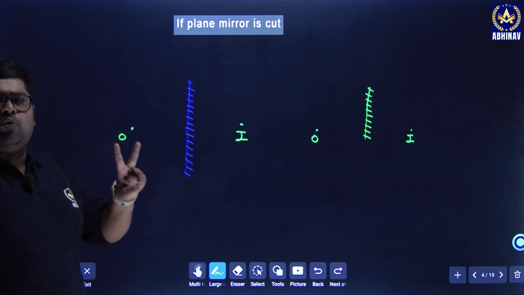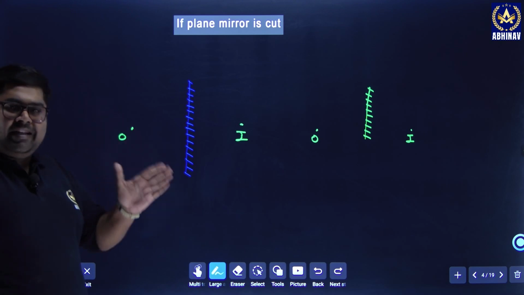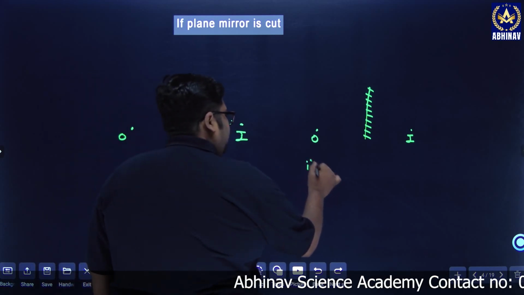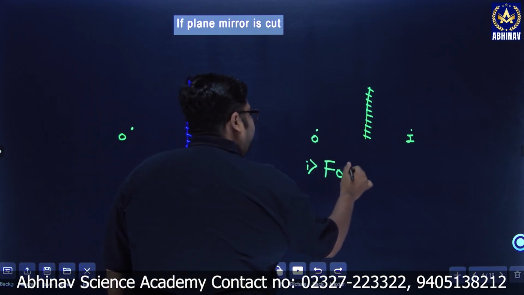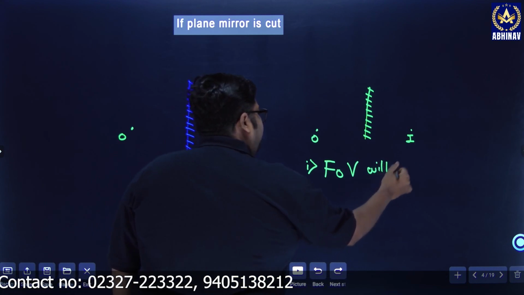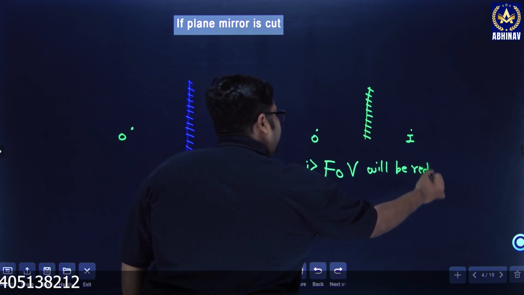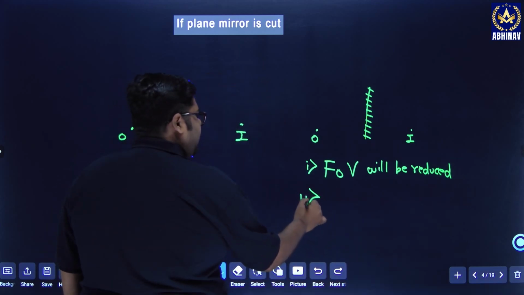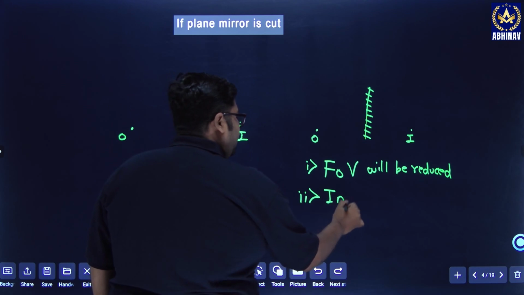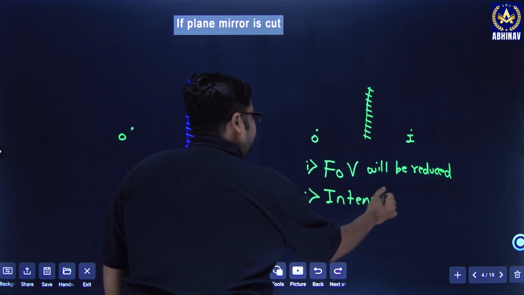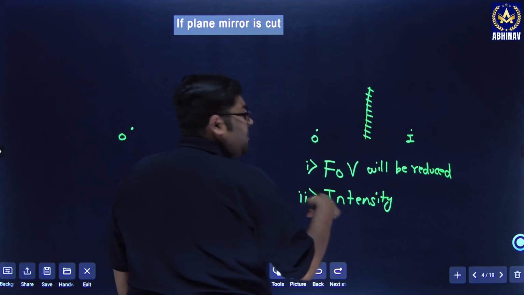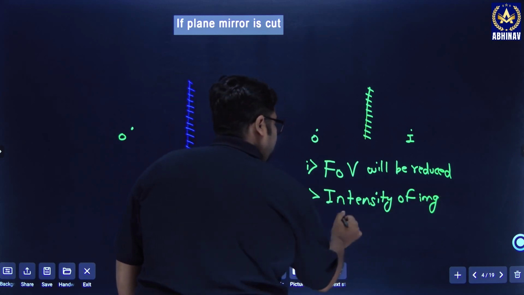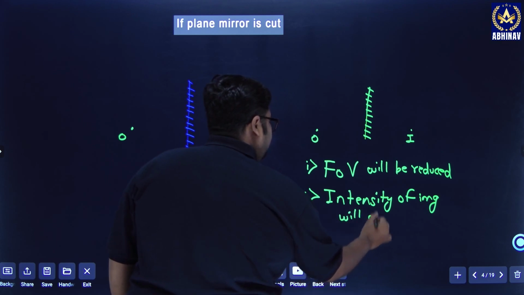So two things are going to be affected after cutting the mirror into half. First thing, its field of view will be reduced, and second thing is that the intensity, you can call it the brightness, of the image will decrease.